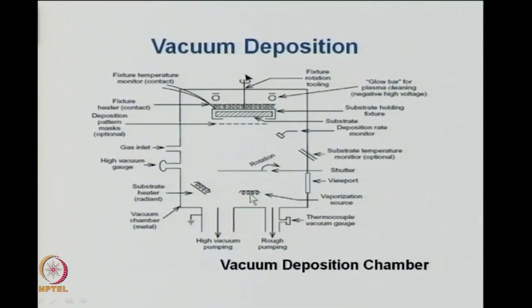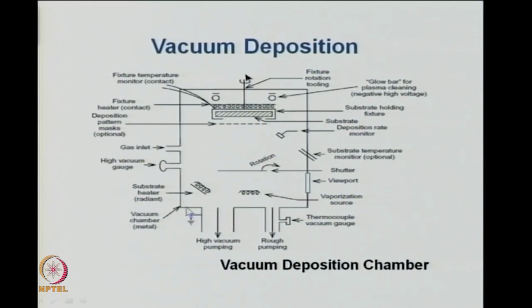Now, apart from this, there are possibilities of rotation here, and you can monitor the substrate temperature, and you can monitor the deposition rate here. So, you can have many other fixtures and electronics along this vacuum system, which needs pumps to evacuate the gas. So, you have a roughing pump and you have a high vacuum pumping system here.